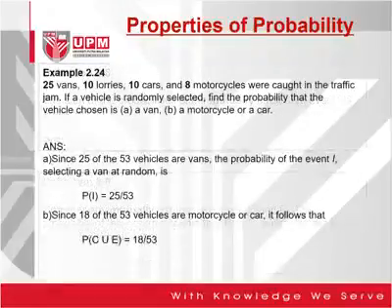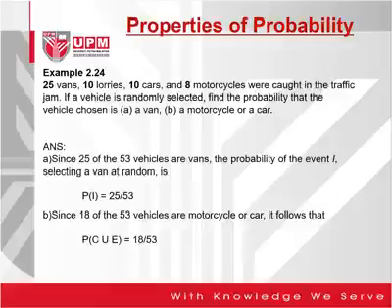Now we look at Example 2.2, a very straightforward example. There are 25 vans, 10 lorries, 10 cars, and 8 motorcycles caught in the traffic jam. If a vehicle is randomly selected, find the probability that the vehicle chosen is (A) a van, (B) a motorcycle or a car.